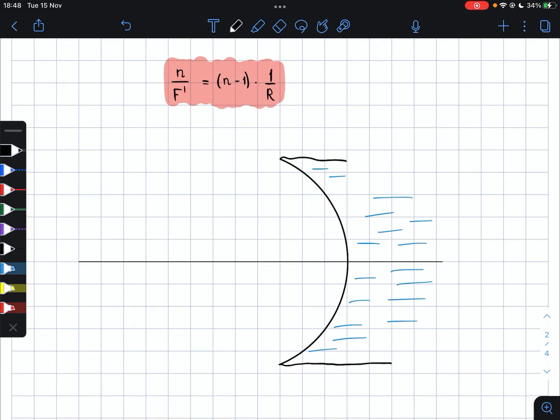Now let's look at the second case. What if our spherical surface isn't convex but concave? So in the second case, light or ray hits a concave surface.